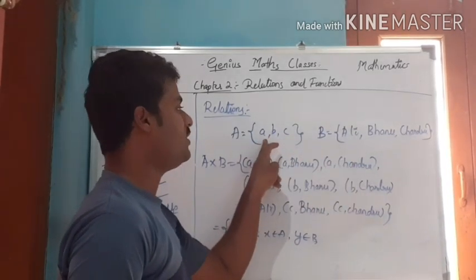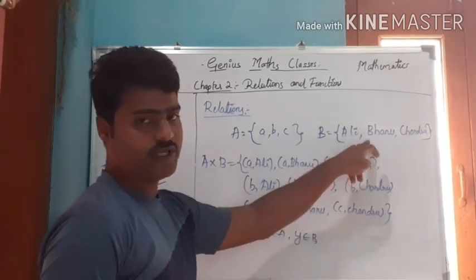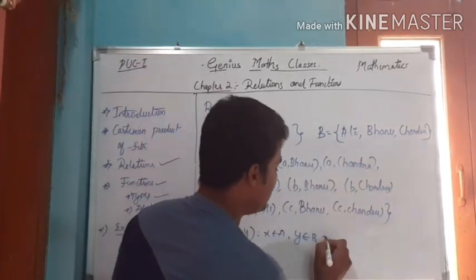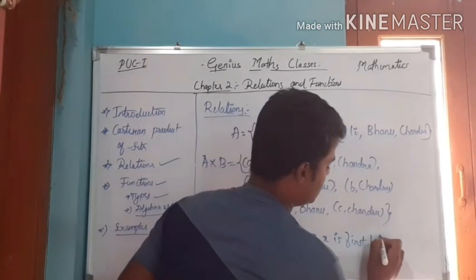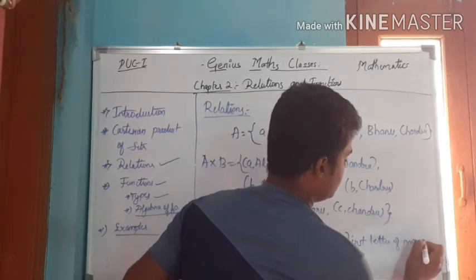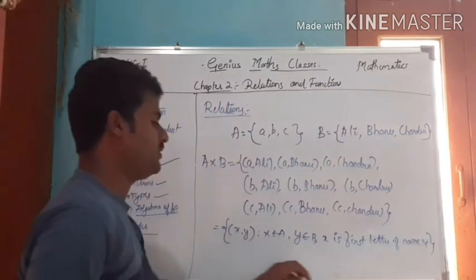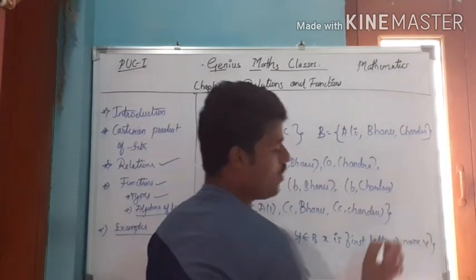Here the element must be related with another, so that x is the first letter of the name y. That is the relation I have defined: x is the first letter of the name y.